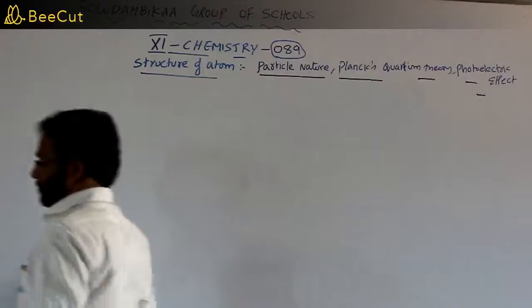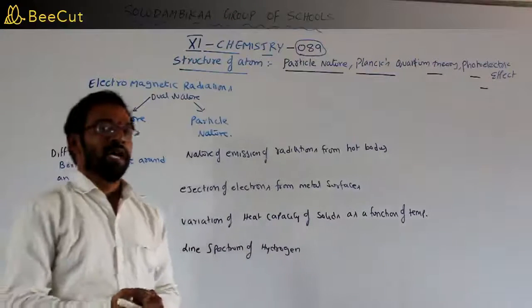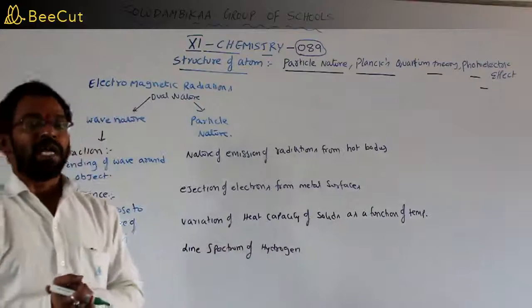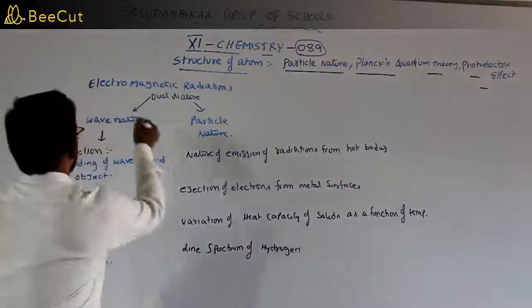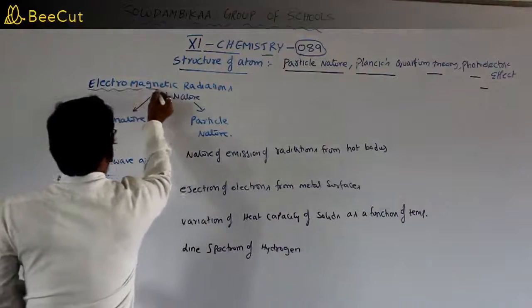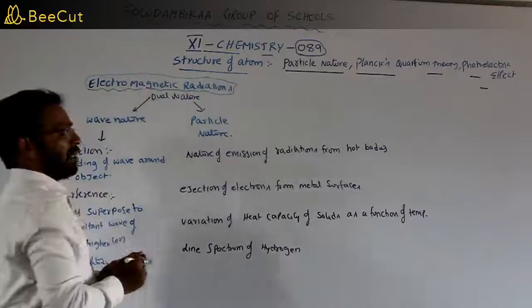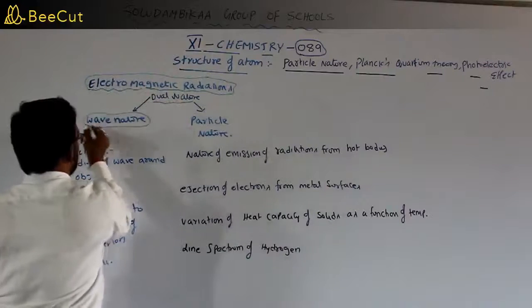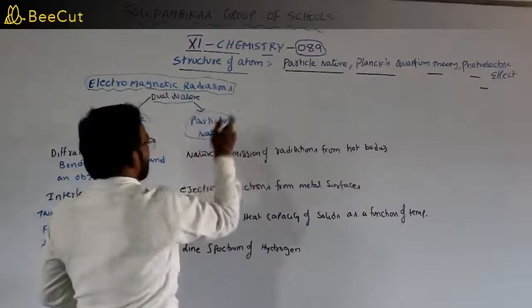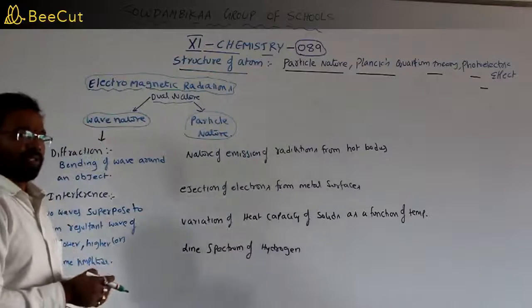Now we will see a brief outline regarding the dual nature of electromagnetic radiation. Electromagnetic radiation possesses dual nature. Dual nature is nothing but both wave nature and particle nature. In this class we are going to see particle nature because we have already seen wave nature.